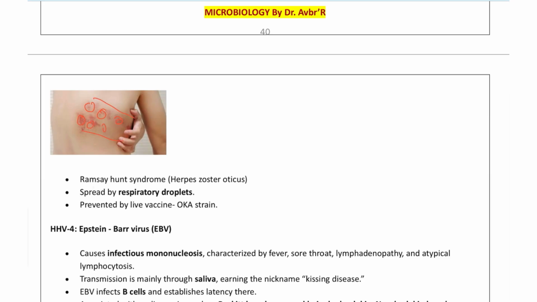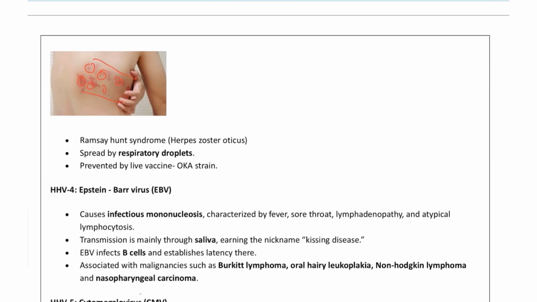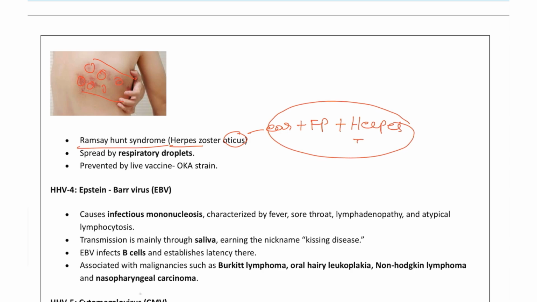Dermatome is involved. Very painful condition that the patient is going to present. Next, Ramsay Hunt syndrome, herpes zoster oticus. Oticus means ear, plus facial palsy, plus the herpes infection that is seen in this patient. Justin Bieber also got this condition. Respiratory route is the common route of spread and it is prevented by the live vaccine. Oka is the common strain that we are going to use.